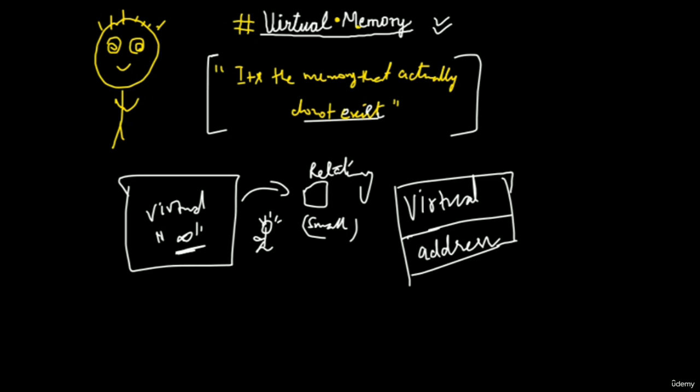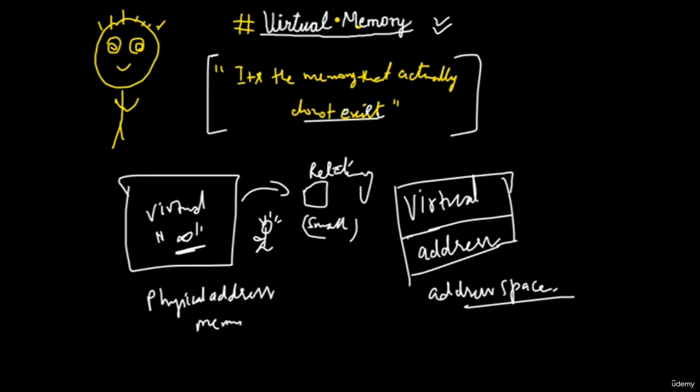The set of such addresses is called address space, and the set of physical addresses is called memory space.